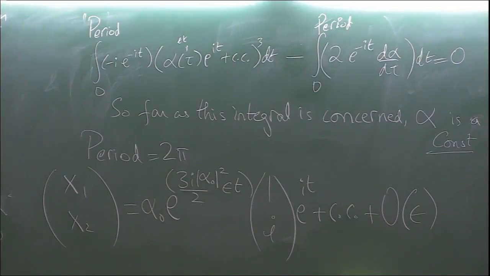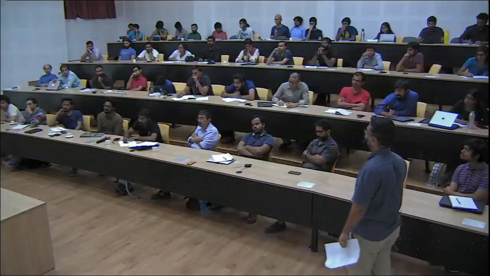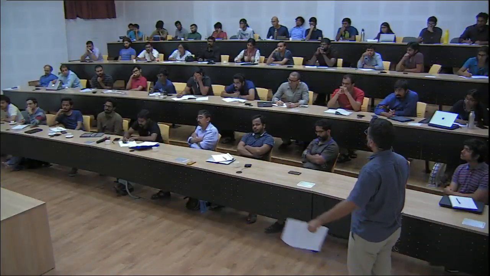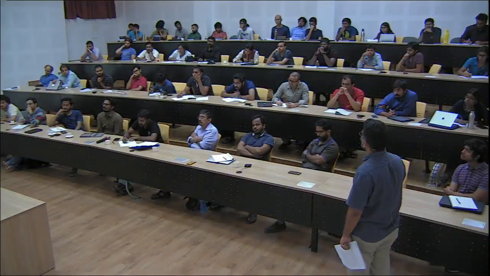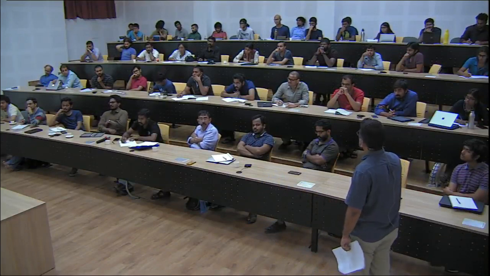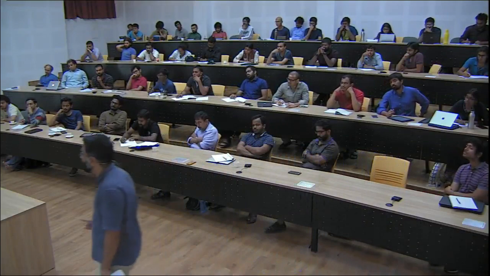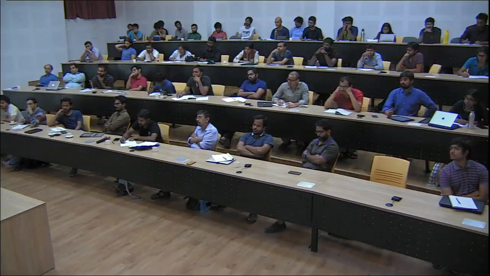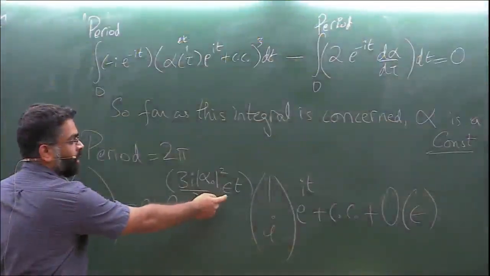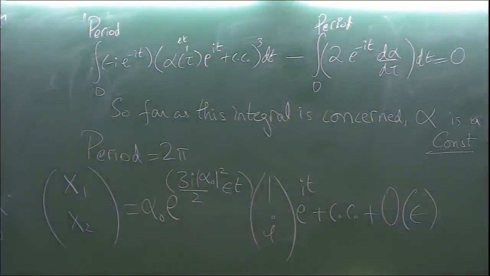Everyone good with that? Now combine the two exponentials. And notice that this is a problem with a different period. So there's a correction to the period. There's an epsilon correction to the period. This has a period 2 pi, and there's a correction to the period. And that correction to the period is a function of the amplitude of the solution, because it depends on alpha naught squared.